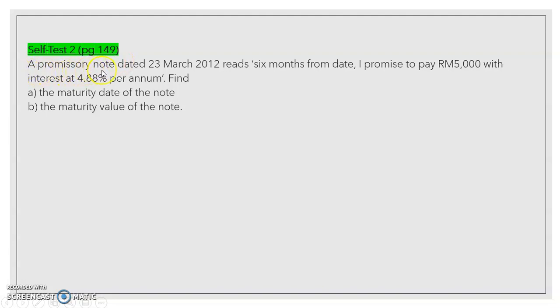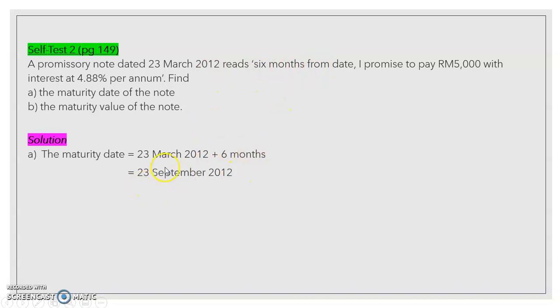Okay, we move on to self-test 2, page 149. It says that a promissory note dated 23rd March 2012 reads 6 months from date. I promise to pay 5,000 with interest at 4.88% per annum. Find A, the maturity date of the note, and B, the maturity value of the note. Alright, first thing first, what is the maturity date? It's going to be 23rd March 2012 plus 6 months, so it's going to be 23rd September 2012.